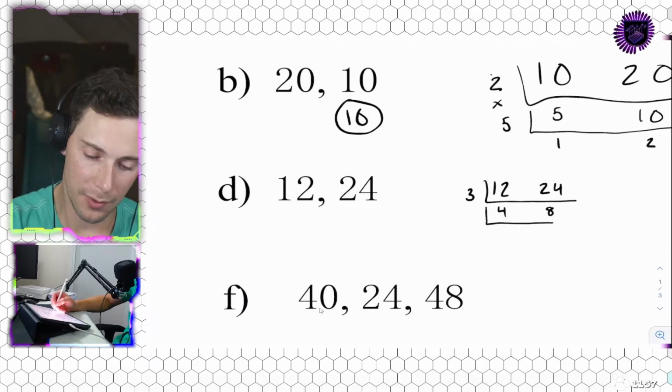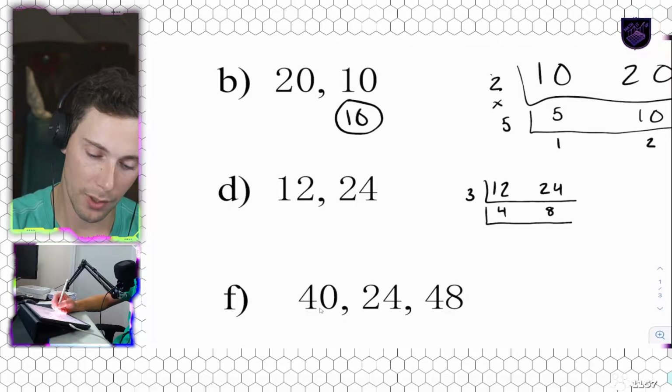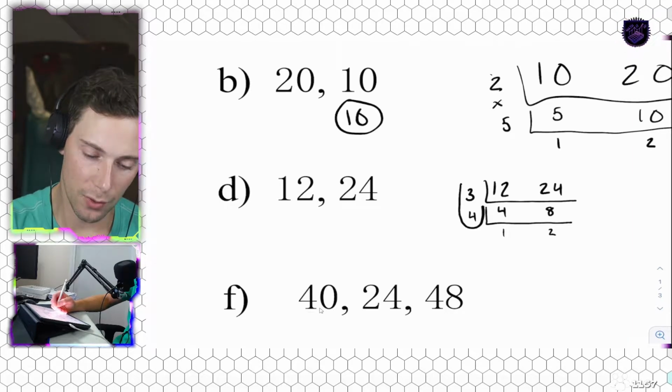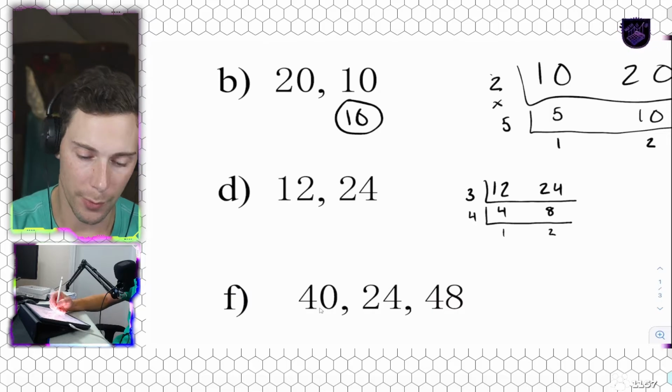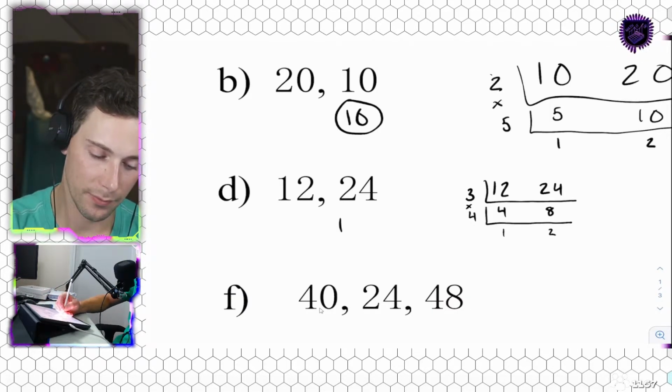And that brings us to a second rung on the ladder, and they still have a common factor of 4, which is 1 and 2. So now because we have two numbers here, and we're looking for the greatest common factor, we'd multiply these two, and that would give us 12.